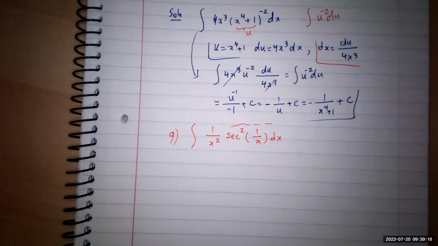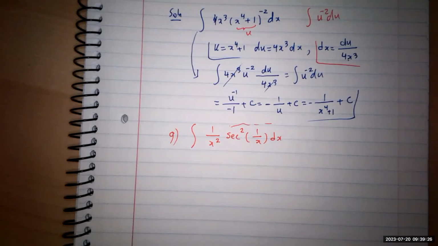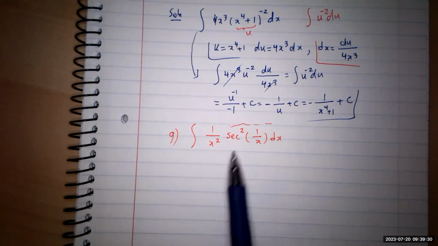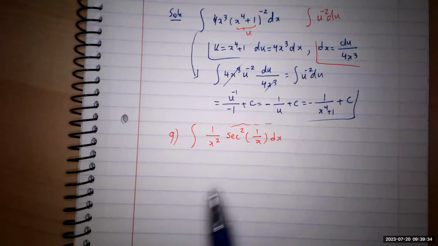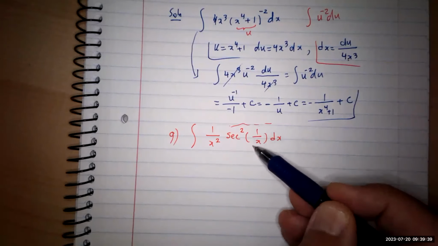You see this one? Remember, if it was secant square of x, secant square is the derivative of tangent. But it's not secant square of x, it's secant square of something else. We talk about it when it's something else. You are going to call this inside to be u.